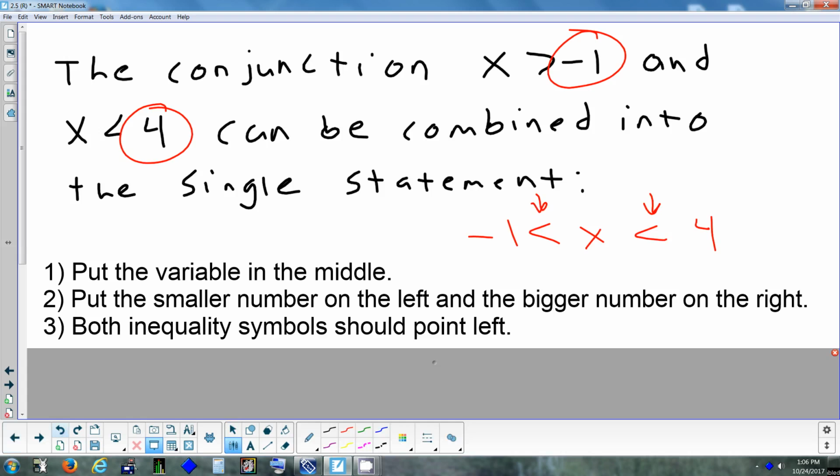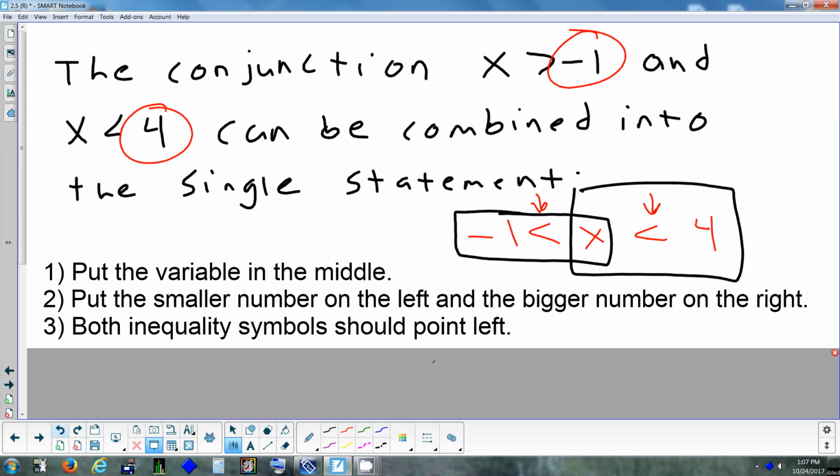And if you look at it closely, you can kind of see your two inequalities hidden in this. There's one of them. -1 is less than x. That's exactly what we have right here. And your other one is right there, in that box. X is less than 4.